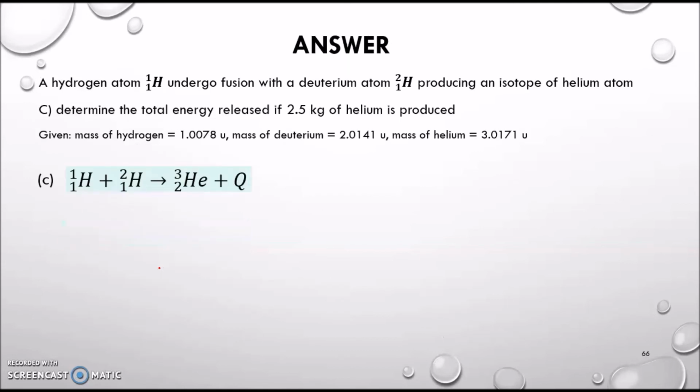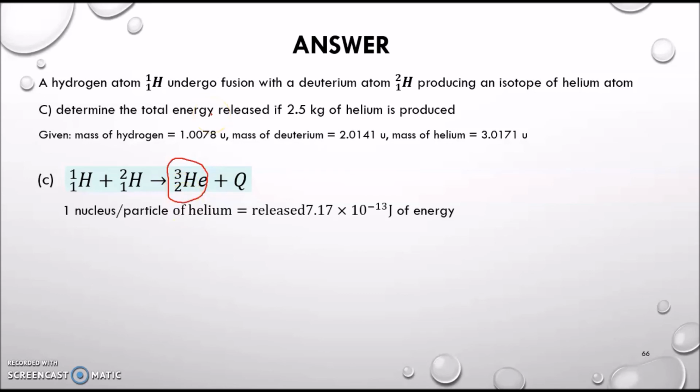For question C, if 2.5 kg of helium is produced. From this equation, if one particle or one nucleus of helium is produced, at the same time it will release 7.17 times 10 to the power of negative 13 joule of energy. Then if the reaction produces 2.5 kg of helium, how much energy will be released?